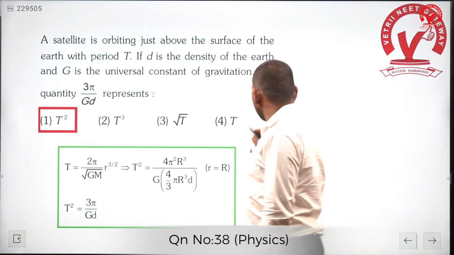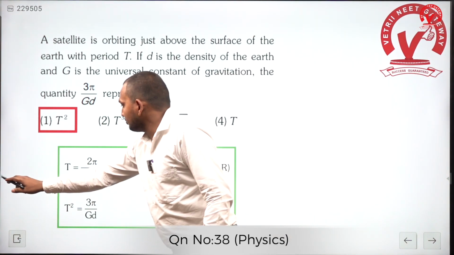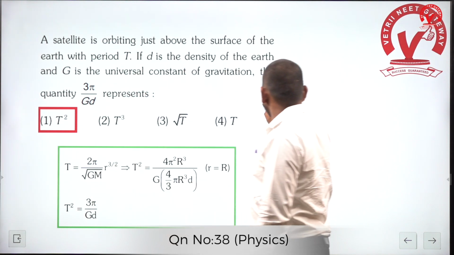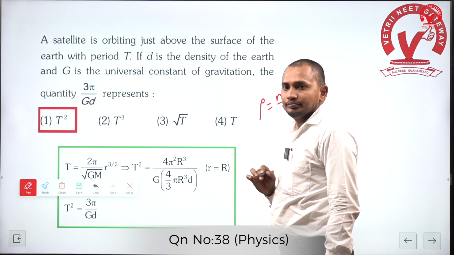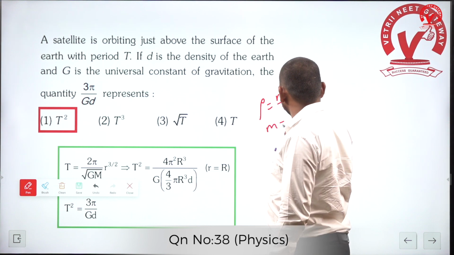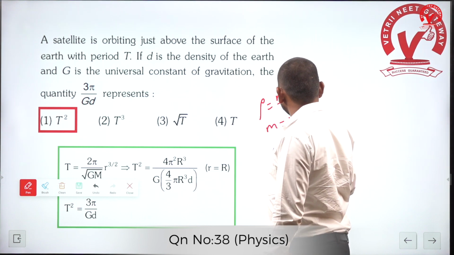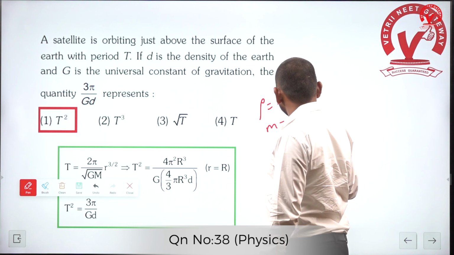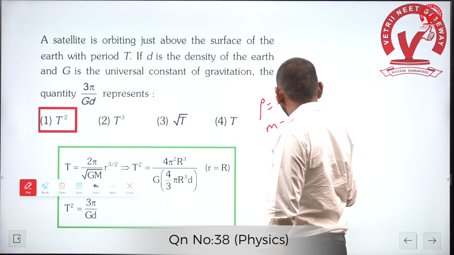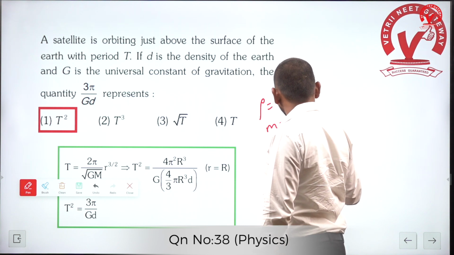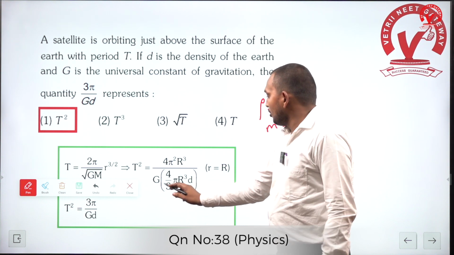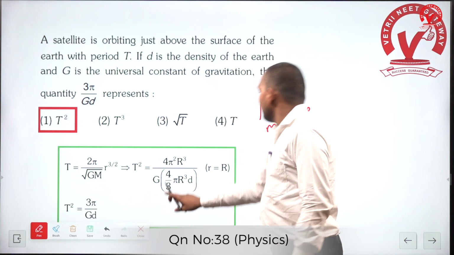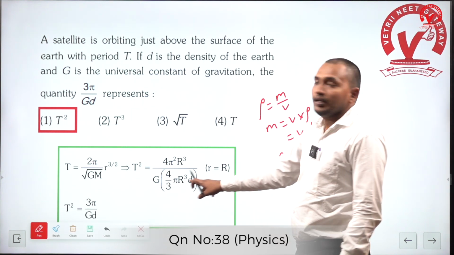Normally we know the density rho is equal to mass by volume. So mass is equal to volume into density. Here density is d, volume is 4 by 3 pi R cube, so mass is 4 by 3 pi R cube d. In place of mass we are substituting 4 by 3 pi R cube d.